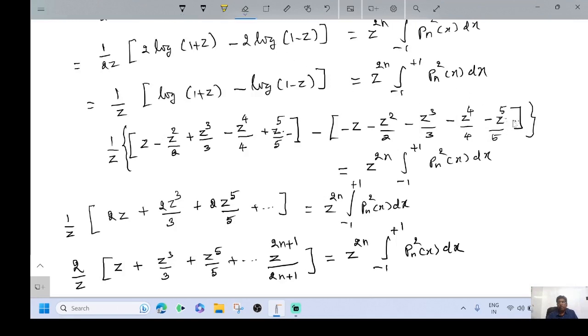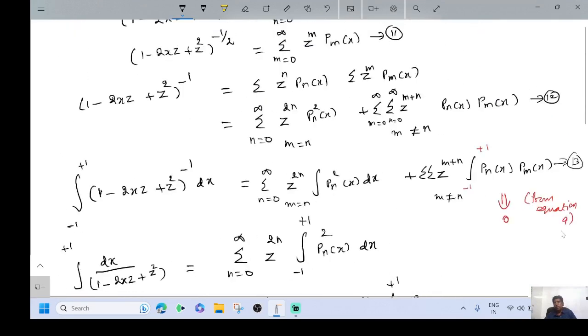The next term is minus z power 6 by 6. Then if you align these two, you can get this term. Here if you put n is equal to 0, then z power 1 divided by 1, you may get the first term. If you put n is equal to 1, we can get z cube divided by 3, the next term. Say this is equation number 14.